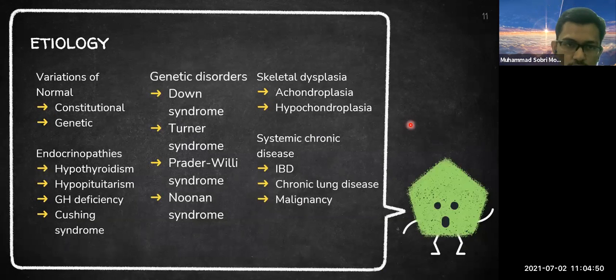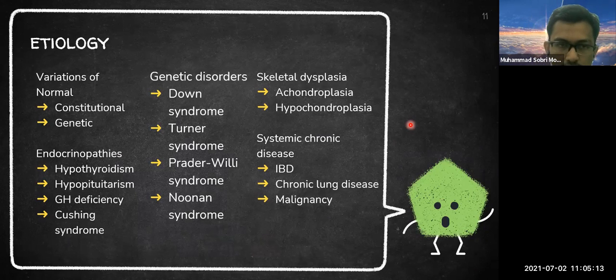Next, when we're talking about short stature, it has an array of etiologies, and it can be classified under variation of normal, which is constitutional and genetic, and can be caused by endocrinopathies, either hypothyroidism, hypopituitarism, growth hormone deficiency, also Cushing syndrome.